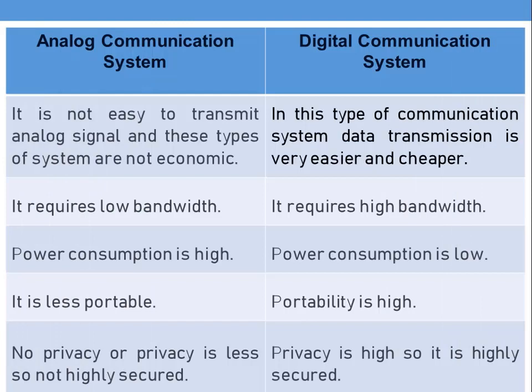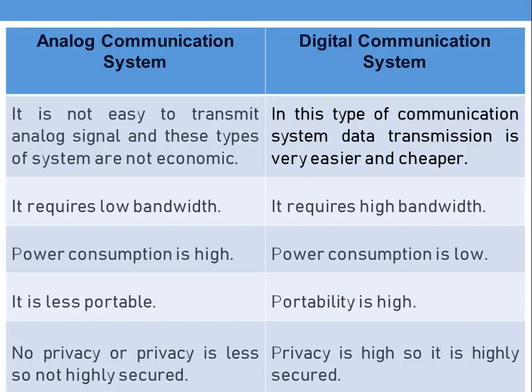Now look at the other comparison. In analog communication system, it is not easy to transmit the analog signal because we require very complex circuitry to transmit it from one point to another, so analog communication systems are not as economical as digital communication systems. In digital communication system, data transmission is much easier because we are using digital signals, so you can have simple circuitry and this system is cheaper than analog communication system.